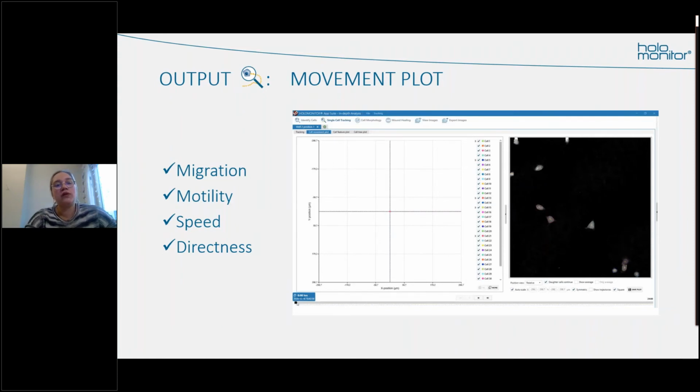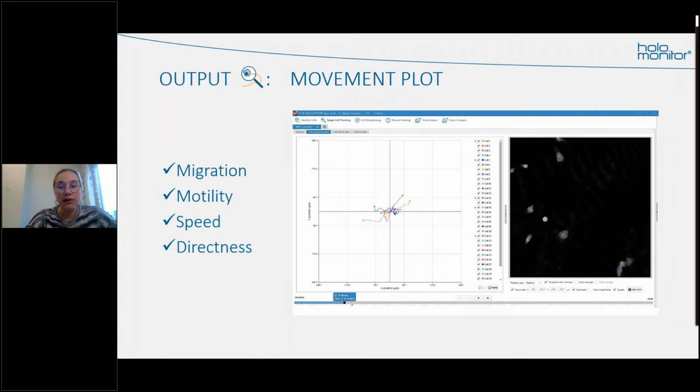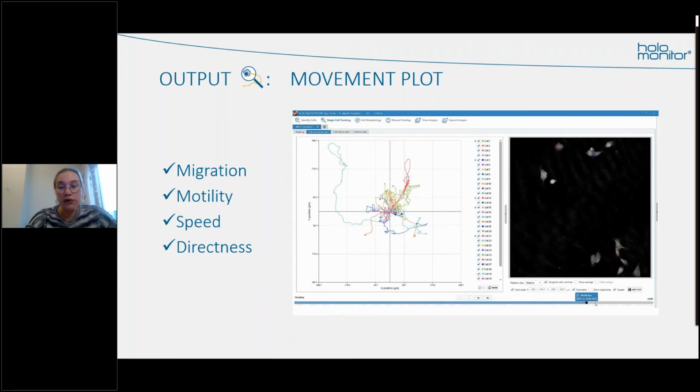The first output feature I would like to show you is the movement plot. In the movement plot, you can see how the cells have moved over the course of the time lapse. And in addition to just showing how the cells have moved, this will also give you data on, for example, cell migration, motility, cell speed, and the directness of each individual cell.